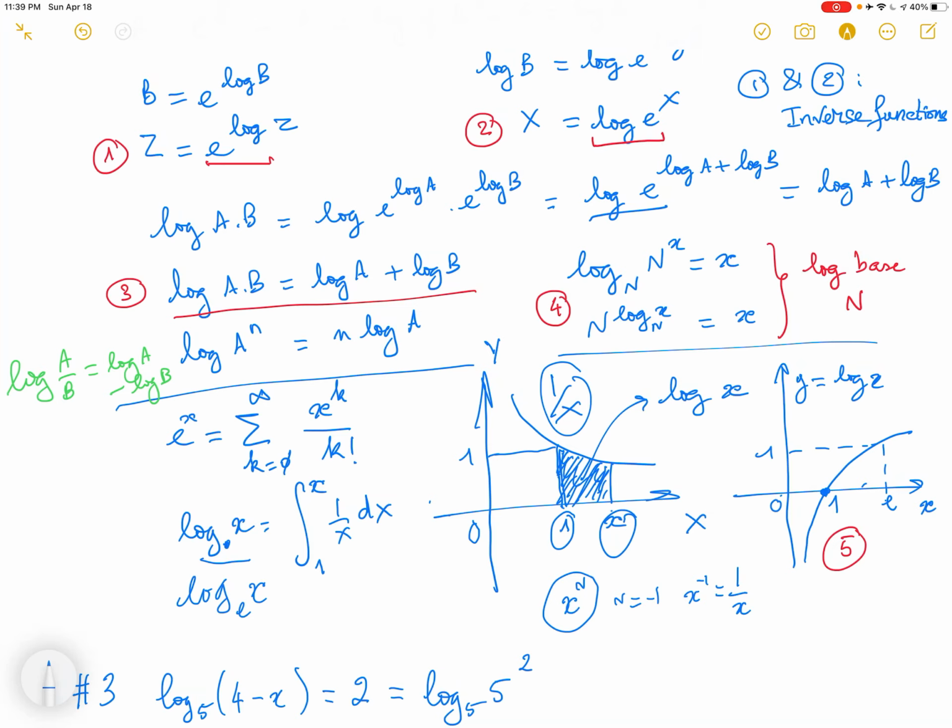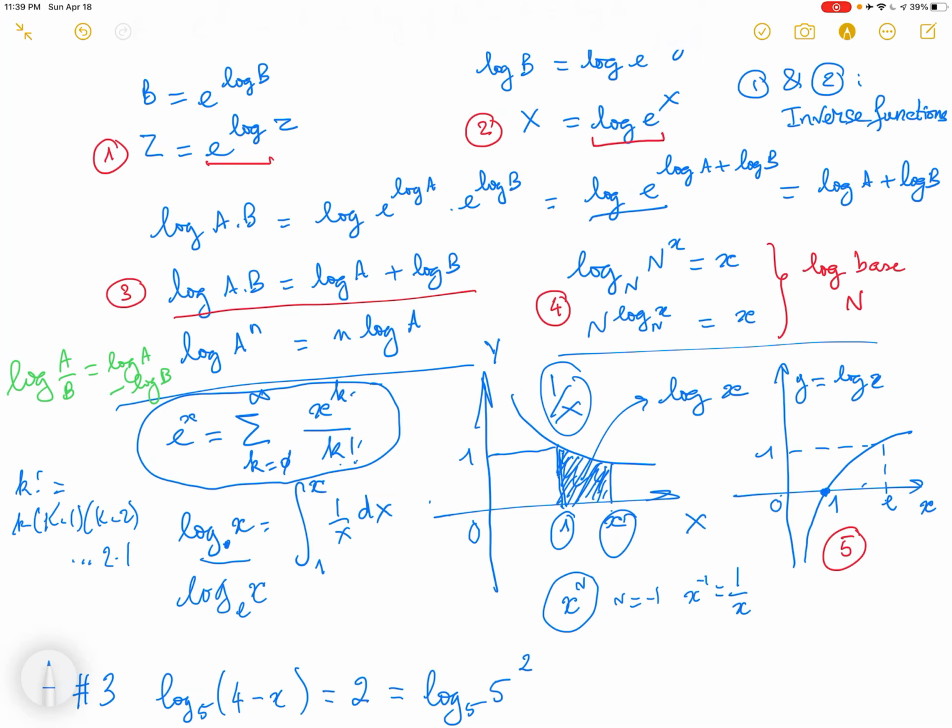E is actually defined in a way which is coincidentally equal to the sum of a series of ratios of x raised to the power of k over k factorial, when k is from 0 to infinity. By k factorial, it means k times k minus 1 times k minus 2 and so on until times 2 times 1.